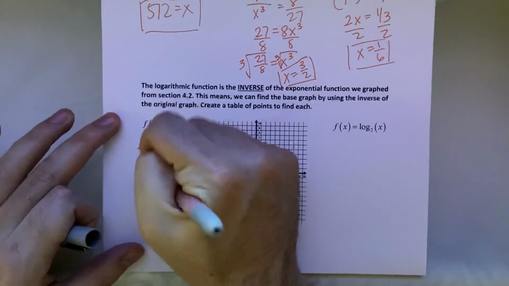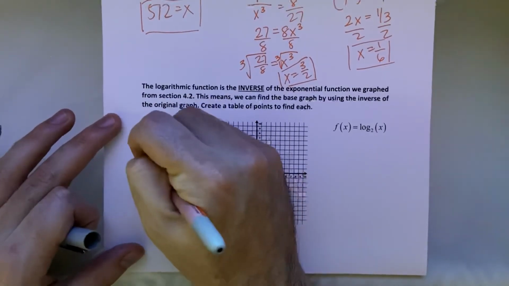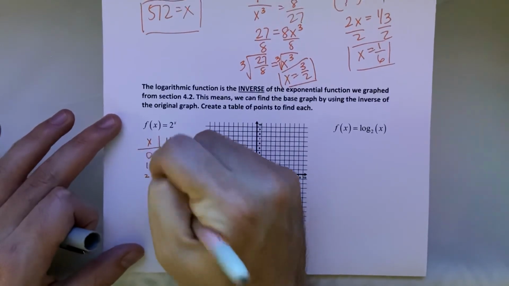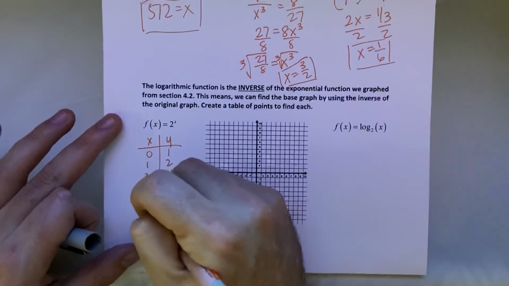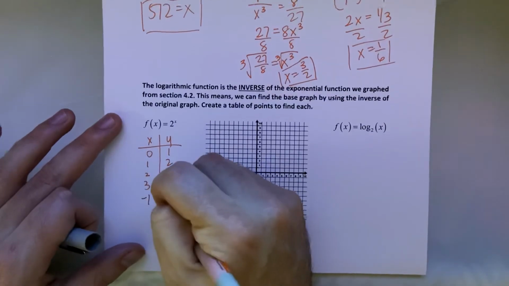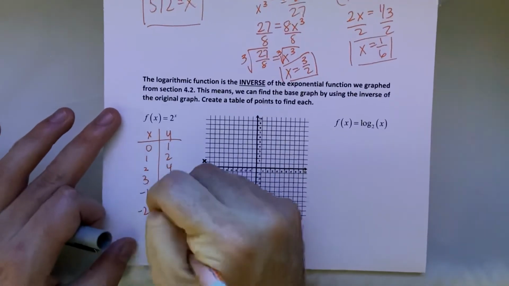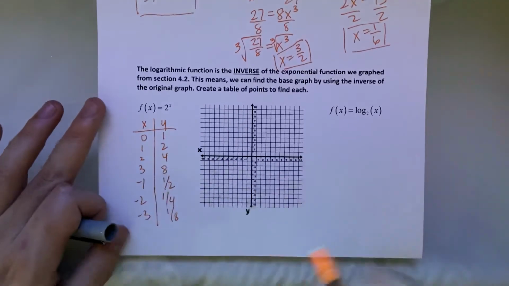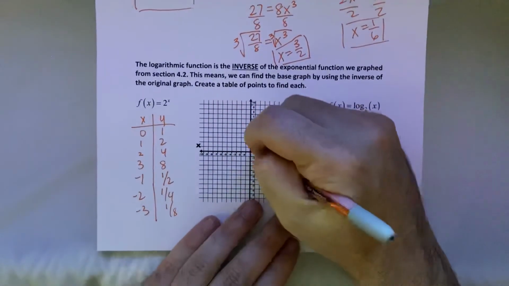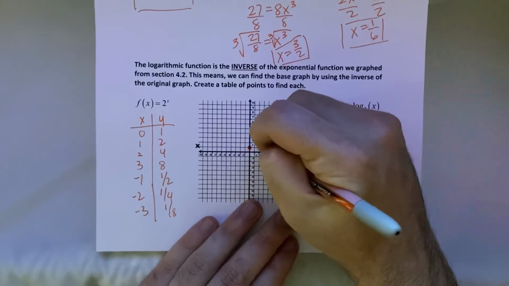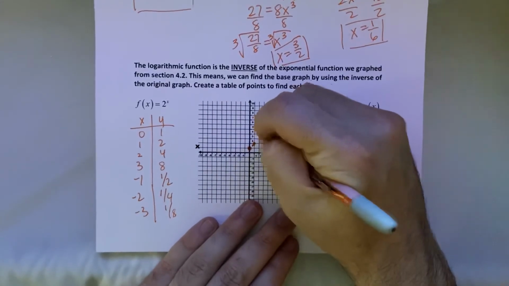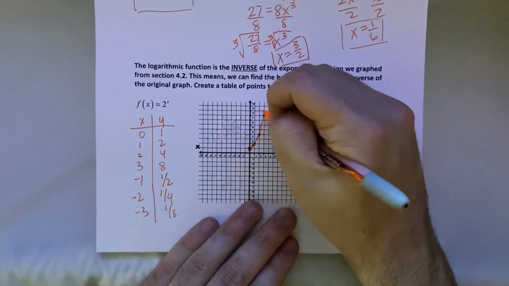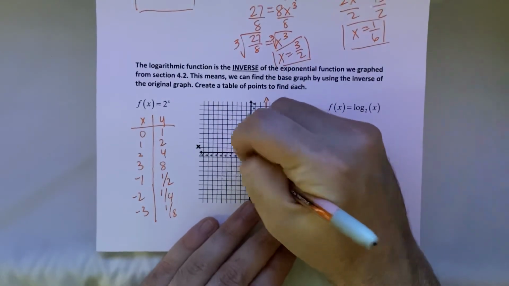So if you recall from 2 to the x, 2 to the 0 equals 1, 2 to the first is 2, 2 squared is 4, 2 cubed is 8, and we also said 2 to the negative first power was 1/2, negative second was 1/4, negative 3 was 1/8. And we graphed it, something like this, going up on the right side and flattening out on the left.